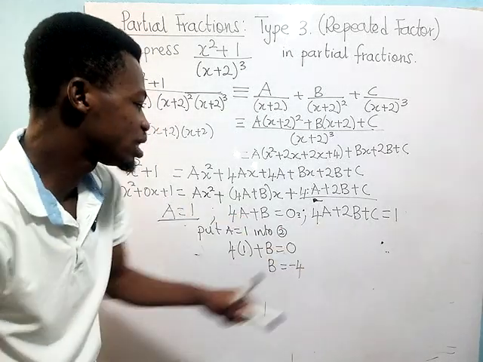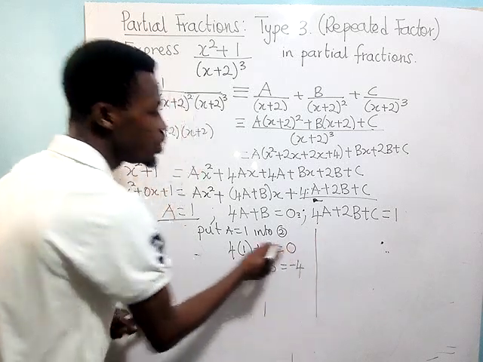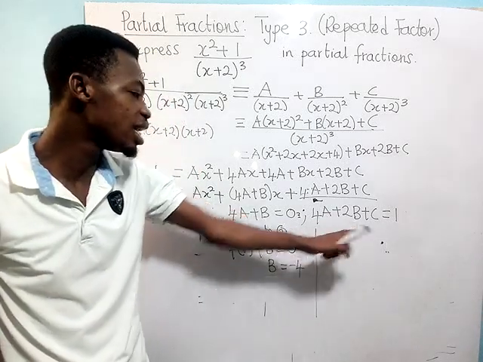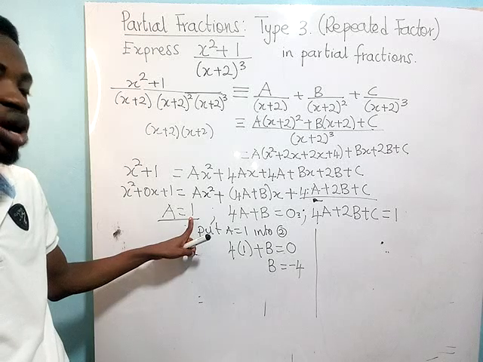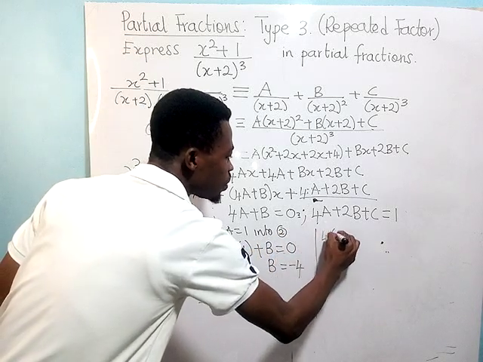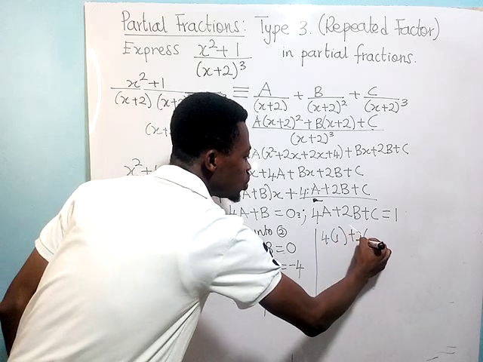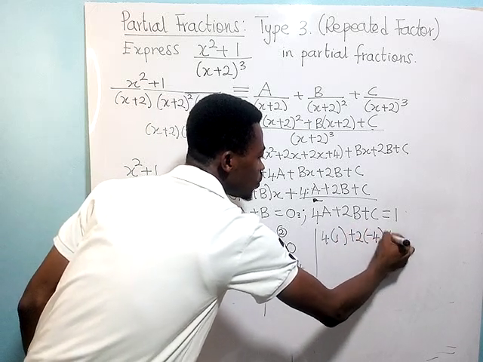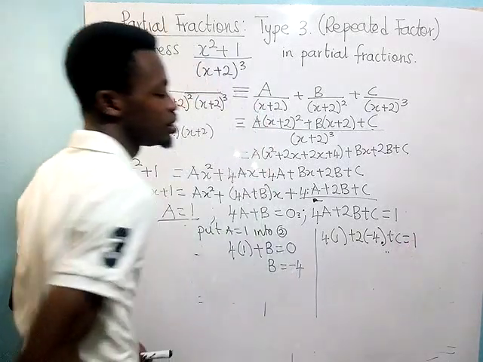Now we are left with the C. With the C, we can easily substitute A and B. Our A is 1 here and our B is negative 4. So we have 4 multiplying 1 plus 2 multiplying negative 4 plus C is equal to 1.